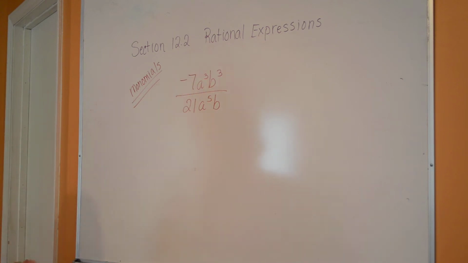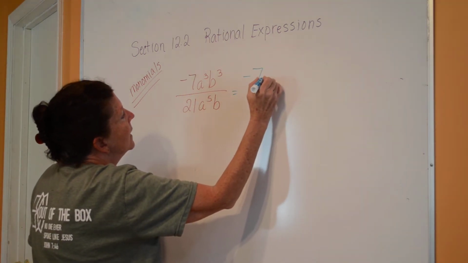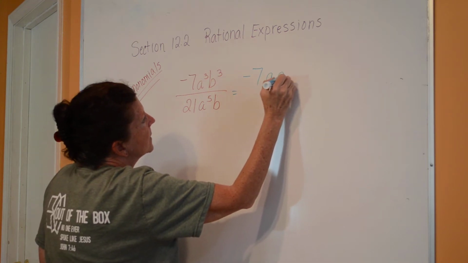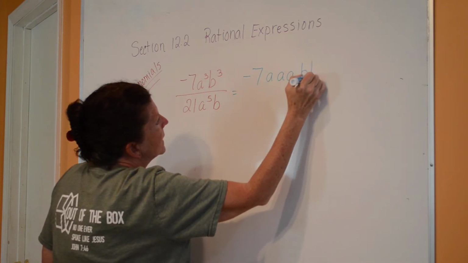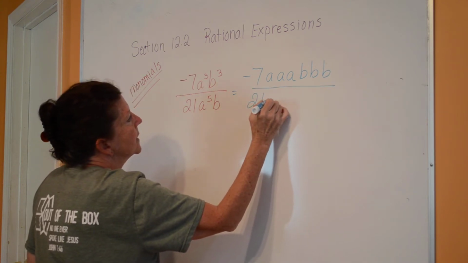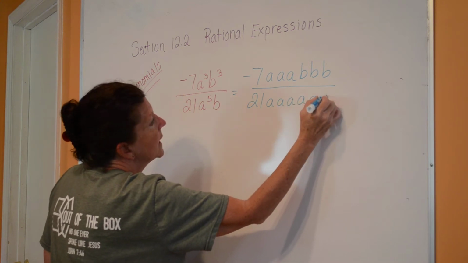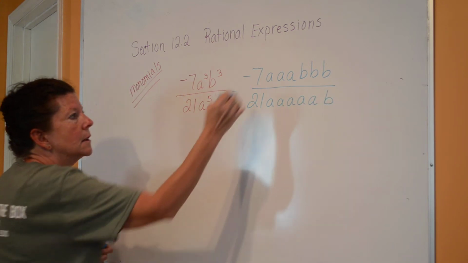Now, if you want to, you could write it all out in detail. You may or may not need to do that. But remember, this is the same as negative 7 times a times a times a times b times b times b over 21 times a times a times a times a times a times b.